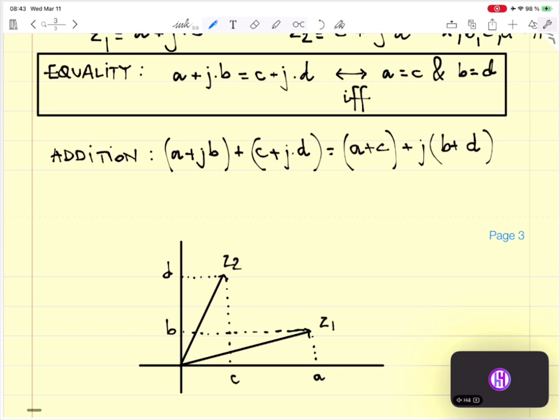The addition of these vectors is just adding up the components.